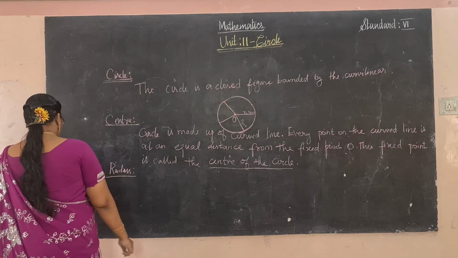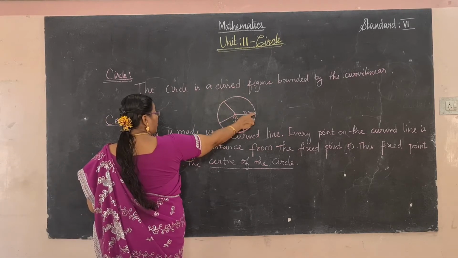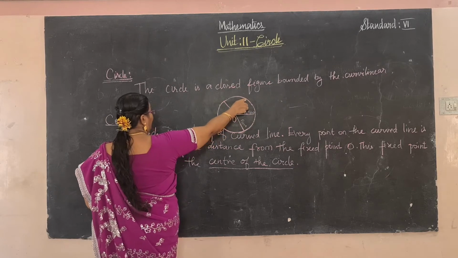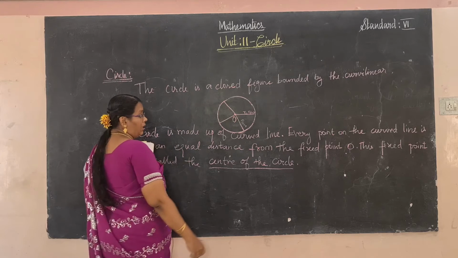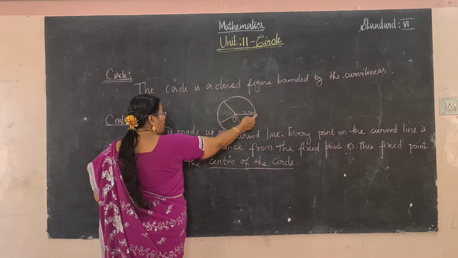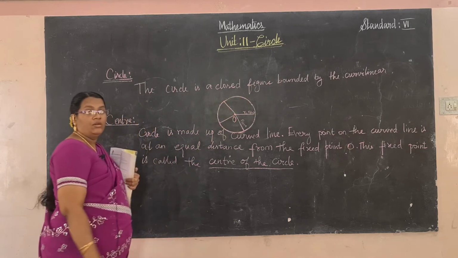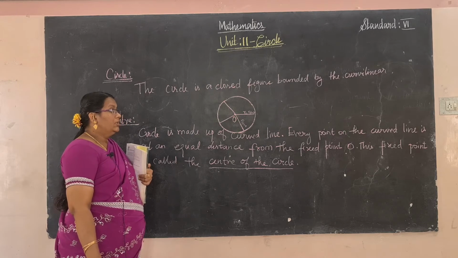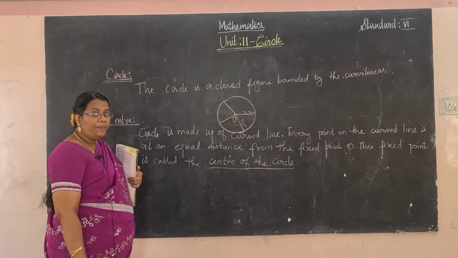What is meant by radius? The distance between the fixed point and any point on the boundary of a circle is called the radius.